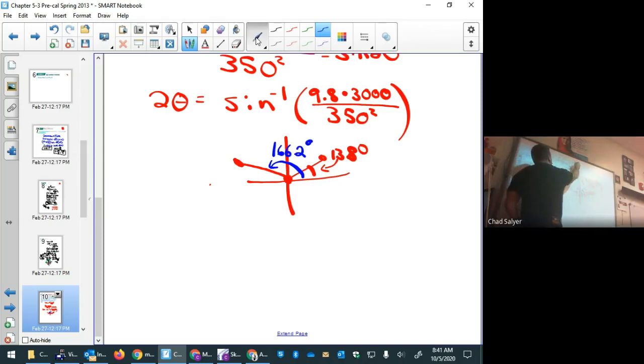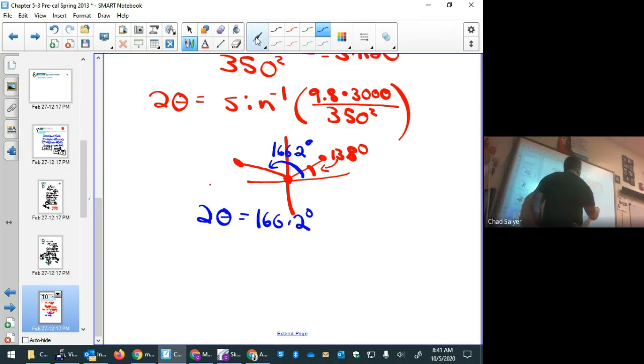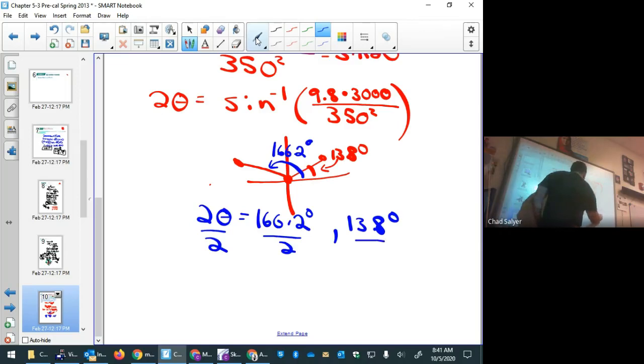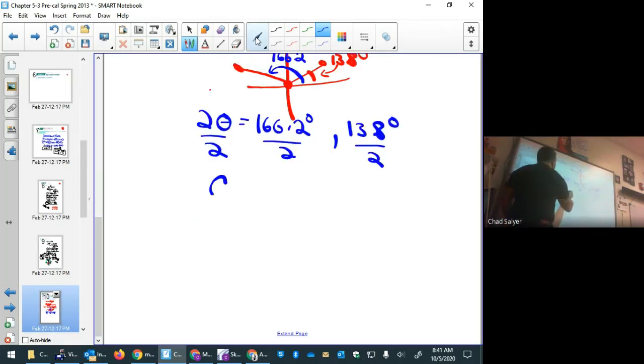But 2 theta is going to equal between 166.2 degrees and 13.8 degrees. So if I divide everything by 2 here, theta has to be between, and I'll rearrange those.